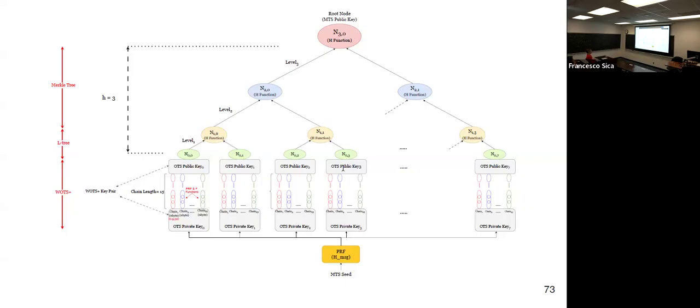These public keys are long and cannot be used inside the XMSS process. So we will give these public keys to the L tree to compress them and have fixed length values.